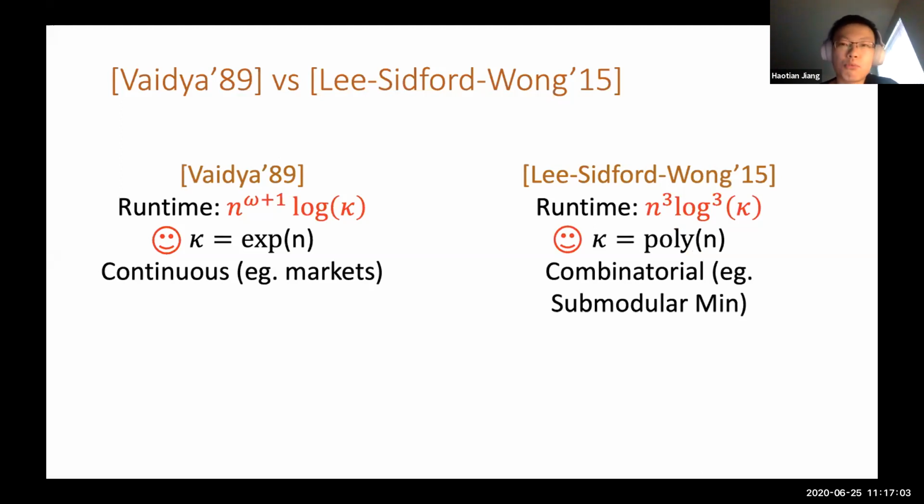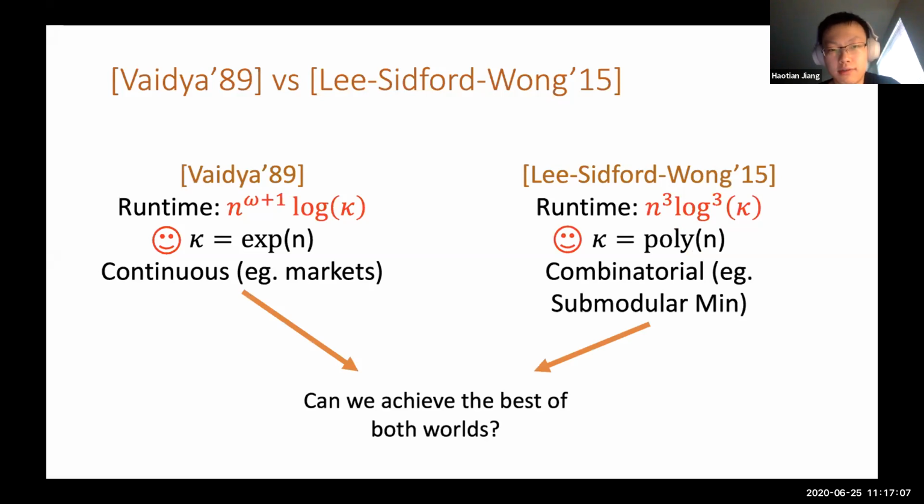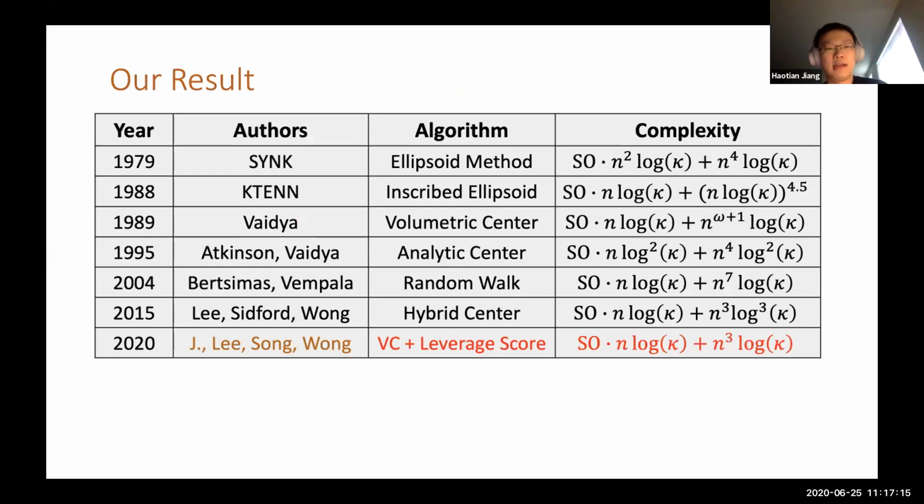Given these results, one natural question to ask is, can we achieve the best of both worlds? Can we get an algorithm that is good both when kappa is exponential and when kappa is polynomial? In this paper, we give an affirmative answer using the volumetric center method of Vaidya together with a leverage score maintenance data structure.